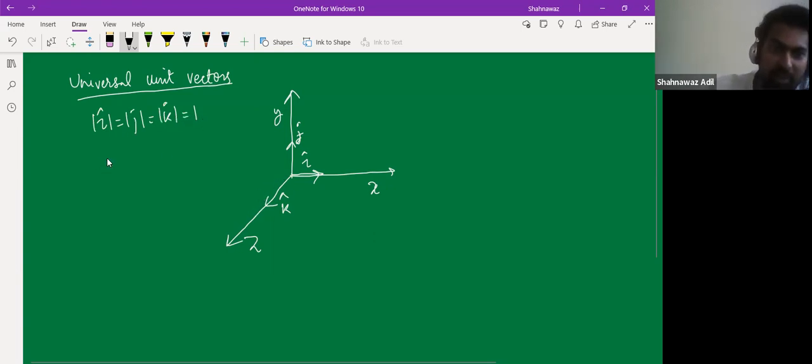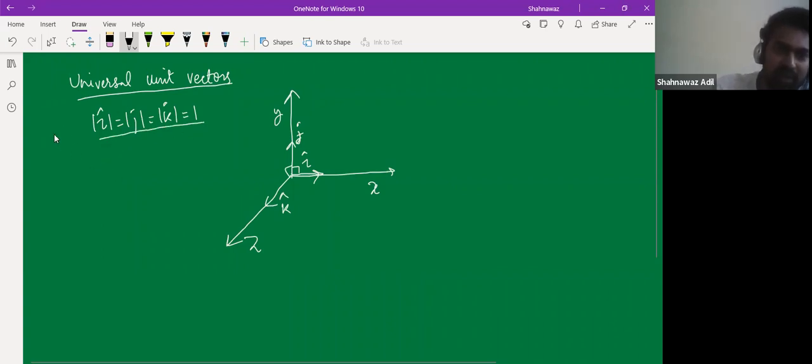And the second property of these vectors, when I will be discussing the dot product, you will note that these are also mutually perpendicular to each other. Okay. So I, J, and K all are mutually perpendicular to each other. So they have 2 properties. One is that their magnitudes are 1.